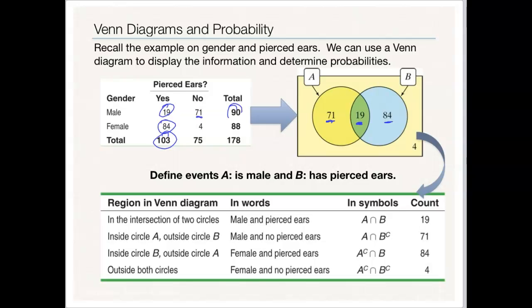Right, and then what's outside of these events would be non-males without pierced ears, aka females without pierced ears, and that's just 4.